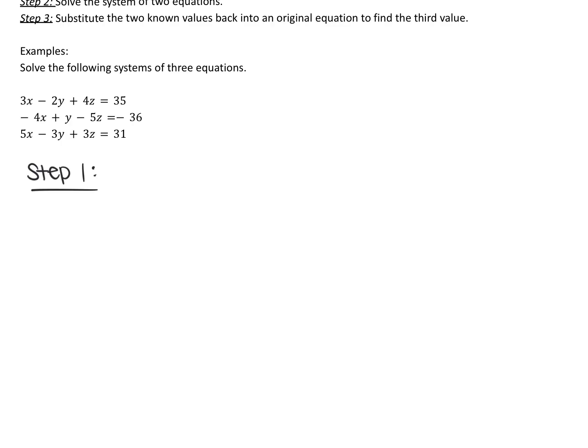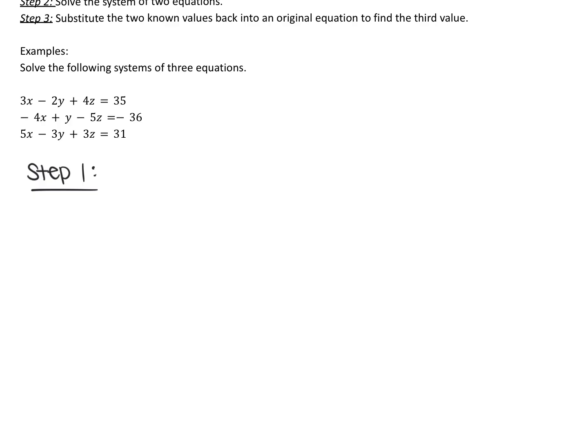You want to find the variable that's the easiest to eliminate. I typically go off, is there a variable that's got a coefficient of 1? A variable that's just x, just y, or just z. Those are typically the easier variables to eliminate because you will only have to multiply one equation. You won't have to multiply 2.